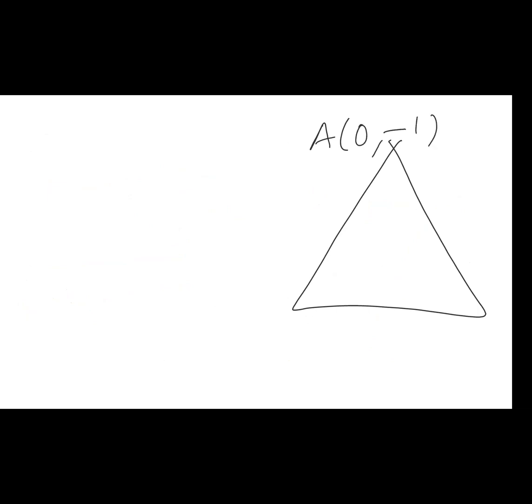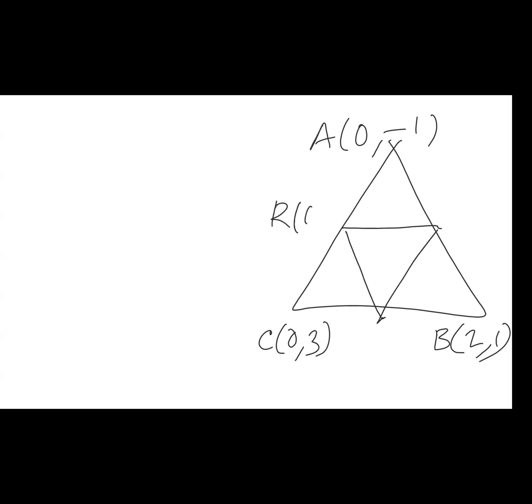So we have a triangle as A (0, minus 1), B (2, 1), C (0, 3), and R (0, 1), Q (1, 0), P (1, 2). Fine.